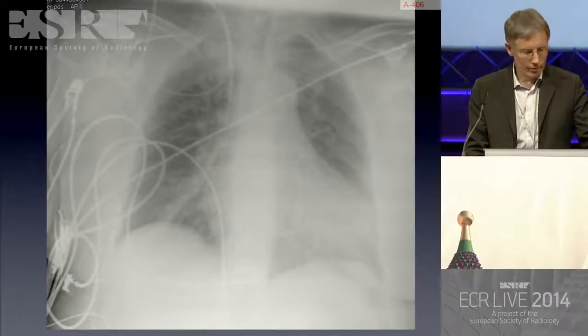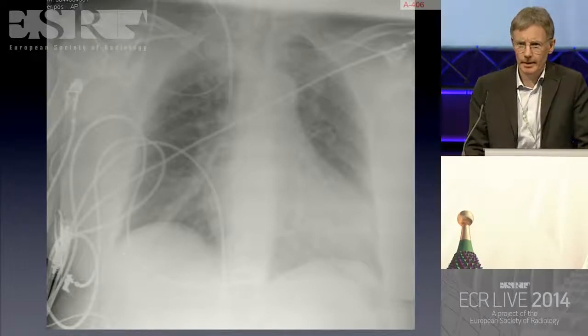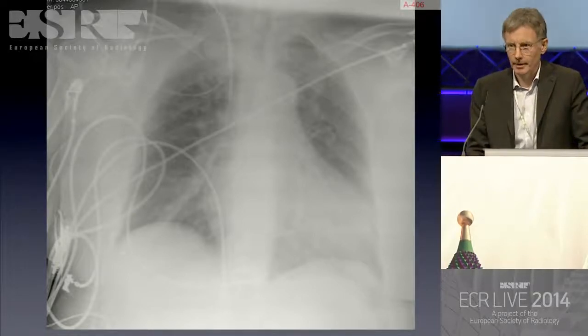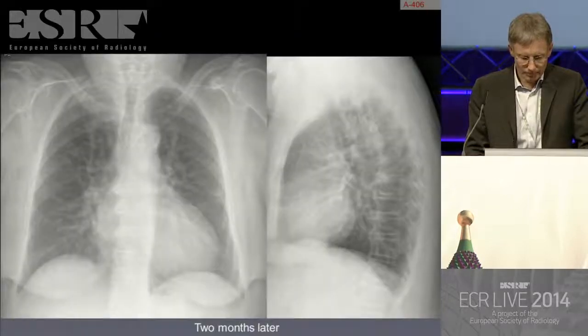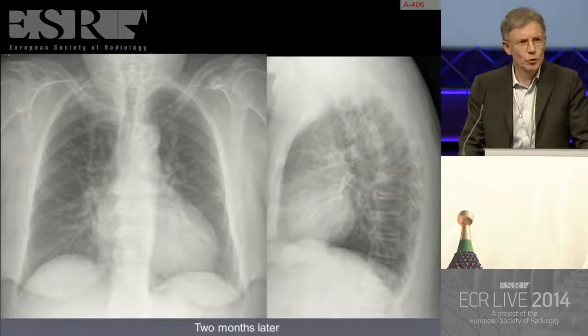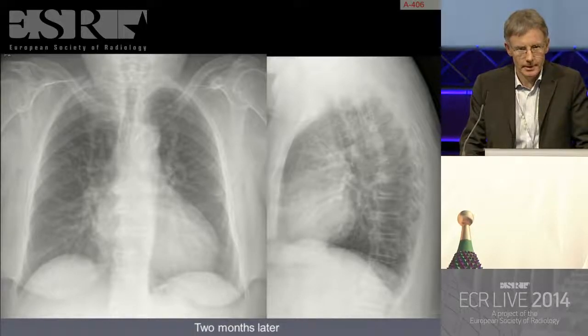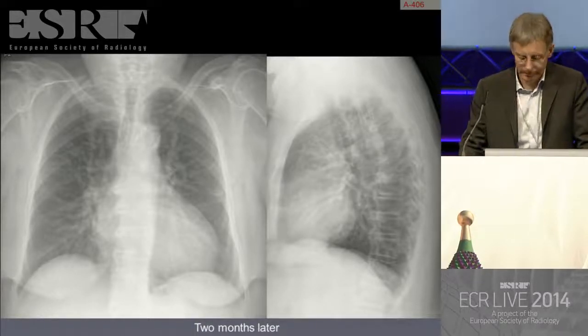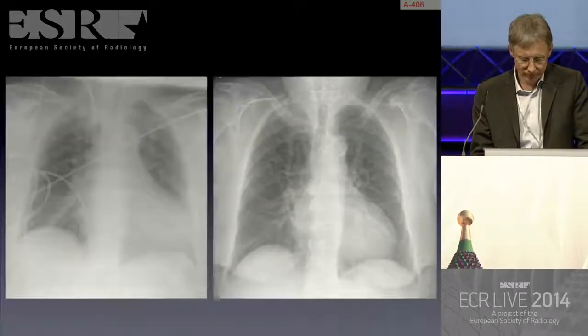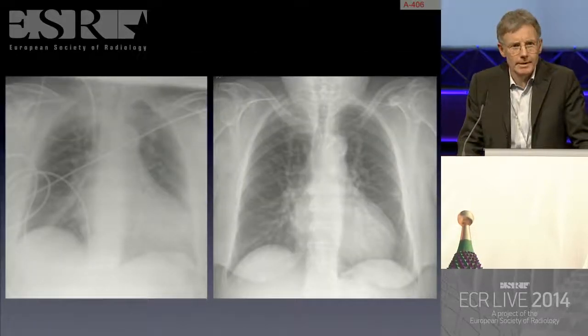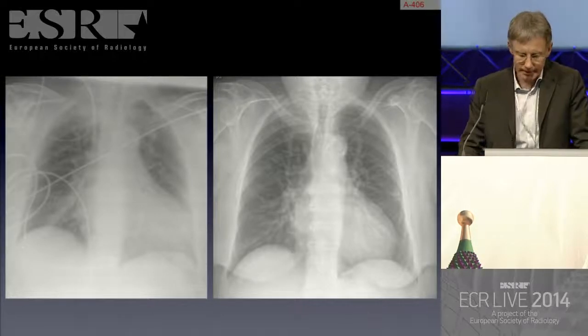Now, we've shown you over the last 45 minutes quite a few difficult lesions to pick up in the region of the hilum and the mediastinum. This is her chest X-ray 2 months later. She's better, and she's gone home after treatment for her cardiac insufficiency. I'll put the 2 X-rays side by side, 2 months apart.